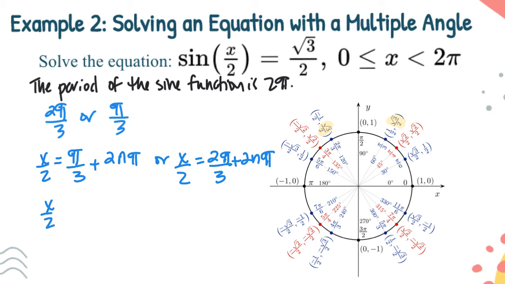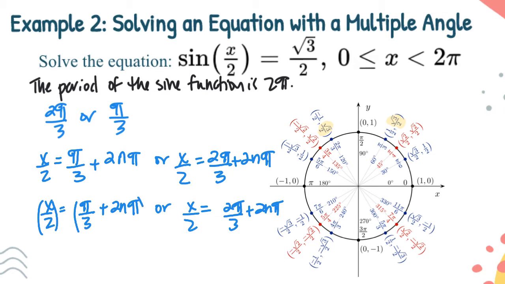I'm going to rewrite these. So we have to multiply both sides by 2. So on the left here, the 2's will cancel, and we'll have x equals 2 times pi over 3 is 2 pi over 3.